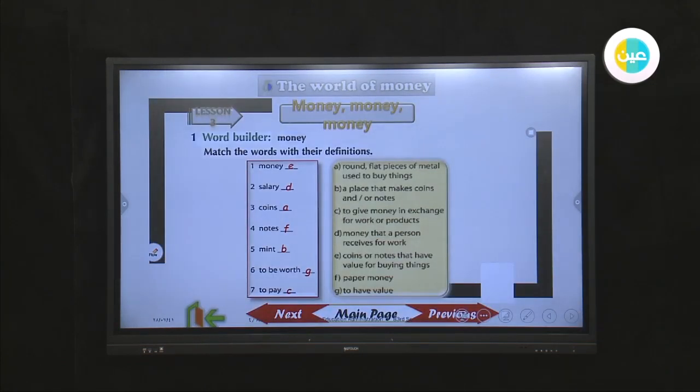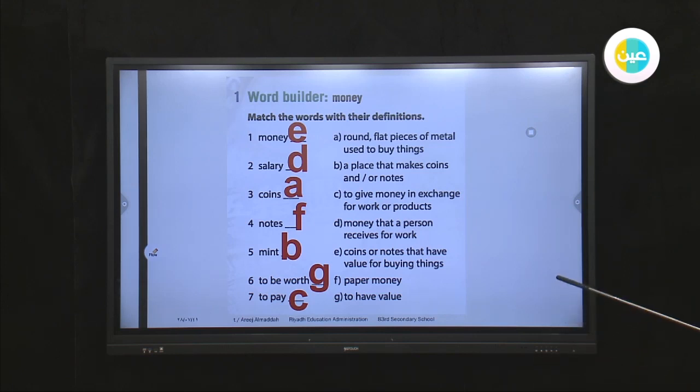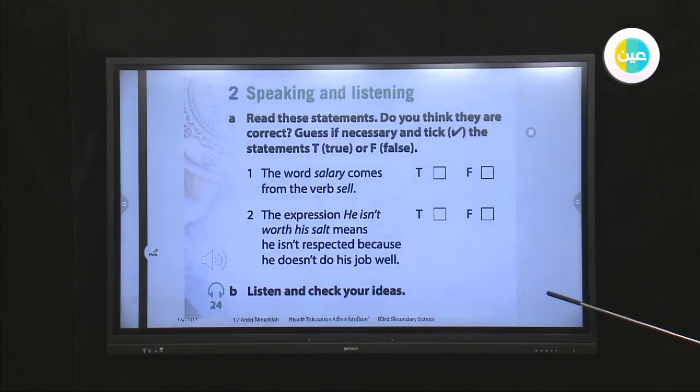And to pay, it is C, to give money in exchange for work or products. Here, to be more obvious for you, 1 is E, 2 is D, 3 is A, 4 is F, 5 is B, 6 is G, 7 is C. Let's see here. It is a listening.